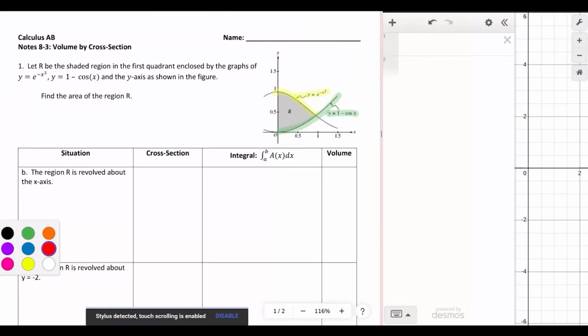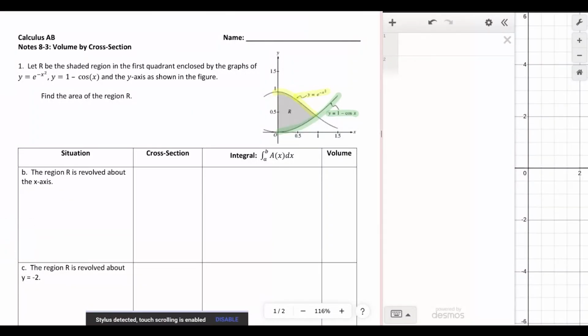I'm going to let f of x be, I guess we'll call that the top one, e to the negative x squared. And we'll let g of x be the bottom function, 1 minus cosine x. So that way we can make references to those functions without having to write out the whole thing.